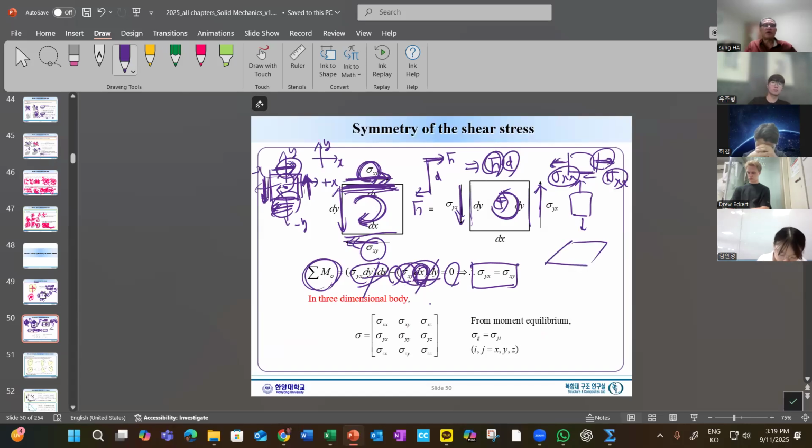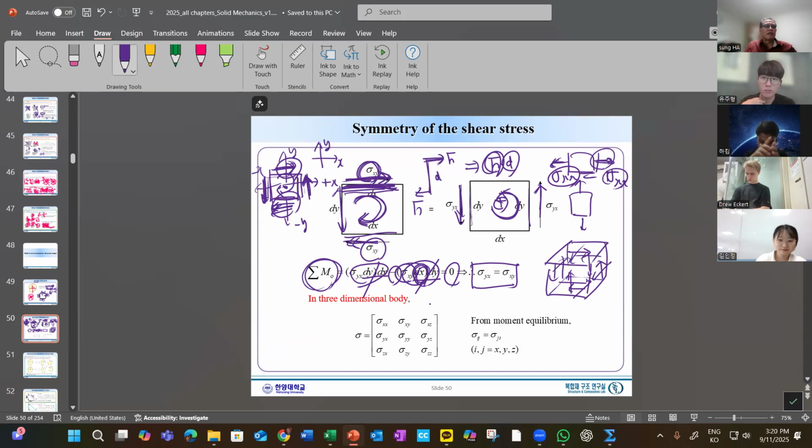Even though we consider a 3D body, this one is just simply like this, and simply like that, so we just notice this one. But in the 3D, same thing. We have this and that, and this and that. They are always the same, this and that.